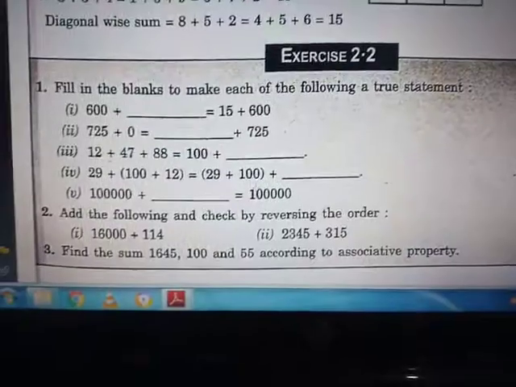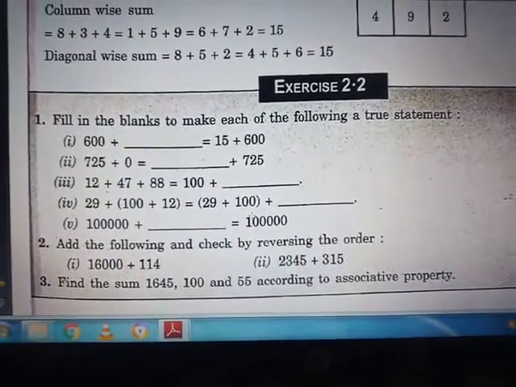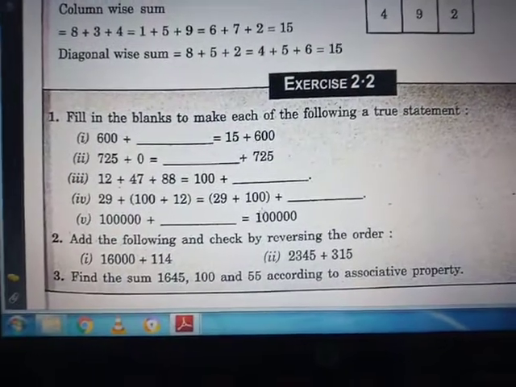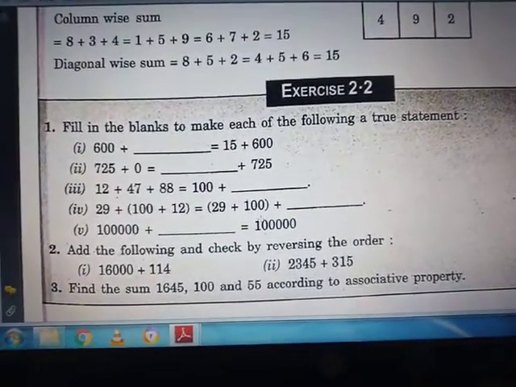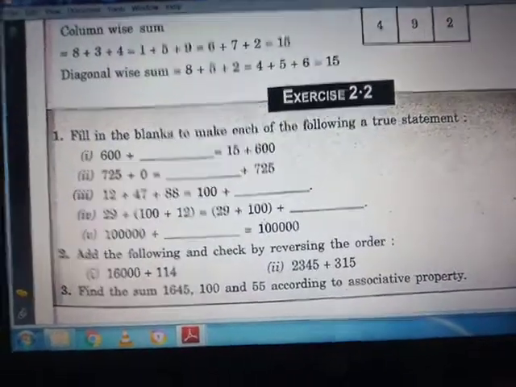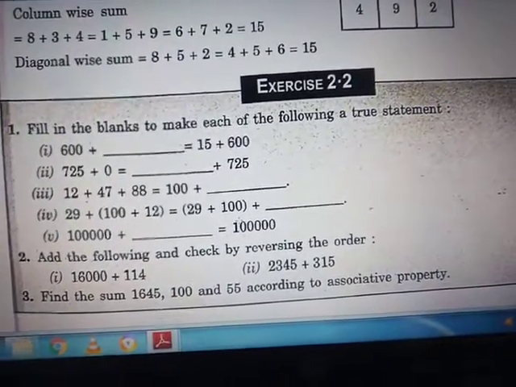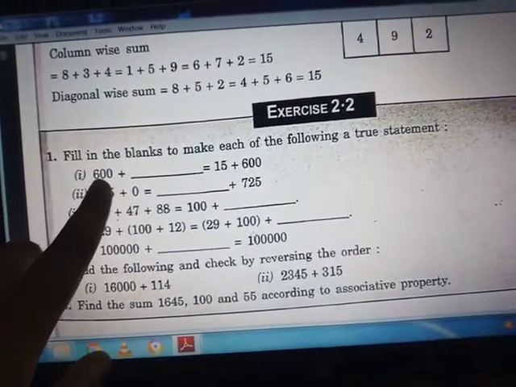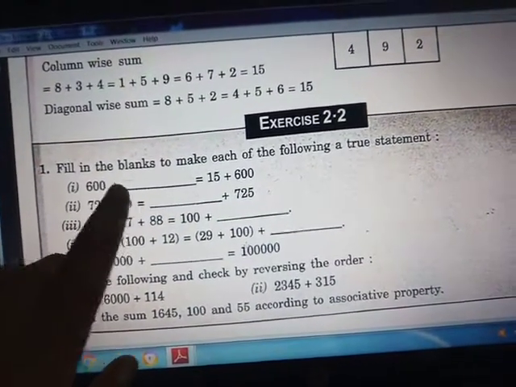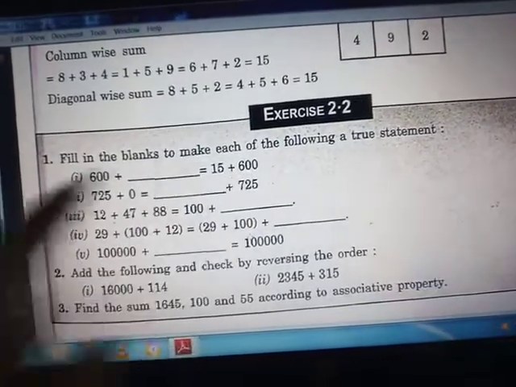Here is your exercise 2.2. We discussed exercise 2.1 in the previous video. The first question is: fill in the blanks to make each of the following a true statement. Here you can see 600 plus a blank, equals 15 plus 600.